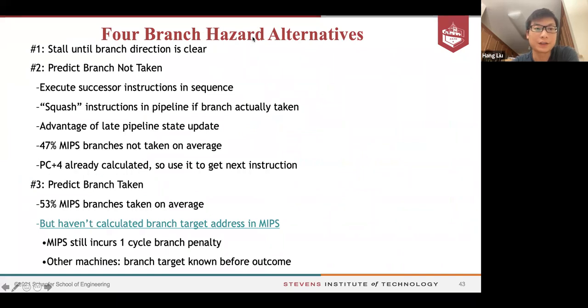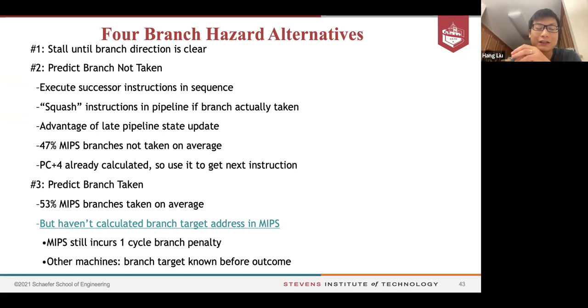For branches there are alternatives. We can stall until the branch direction is clear, or we predict the branch is taken or not taken. We're going to have a lot of lectures about this. Basically, we execute the successive instructions if we predict not taken. If we assume it's taken, we go ahead and execute the taken instruction.